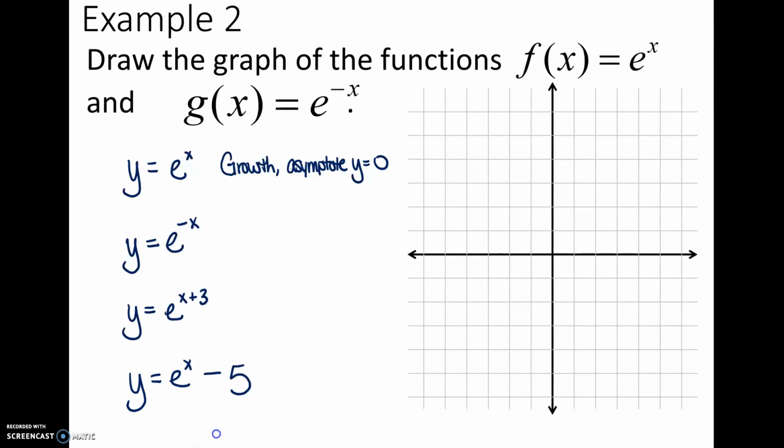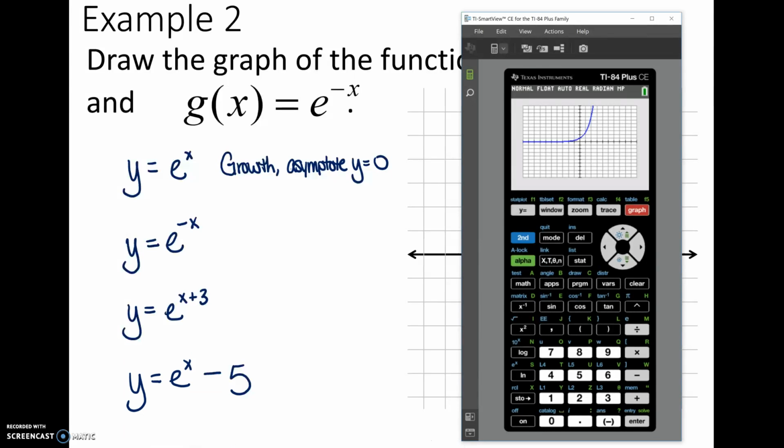Now let's look at what happens when it is e to the negative x. So I'm going to leave e to the x in the blue line. In the red line, I'm going to type in e to the negative x. And I want to see what this one looks like compared to the original blue one. What's different about the red one?